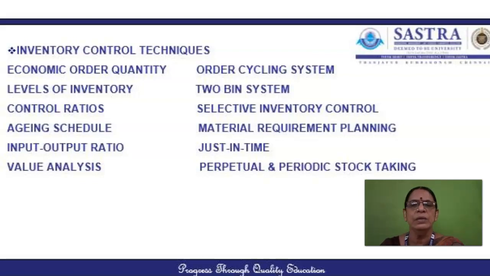Now we have the Q1 and Q2 reorder points here, and this is the lead time consumption, from the safety level to the Q1 and Q2 order points, that is called ROL.